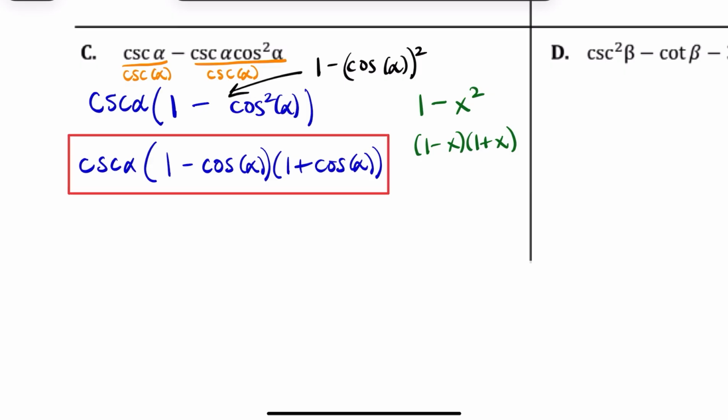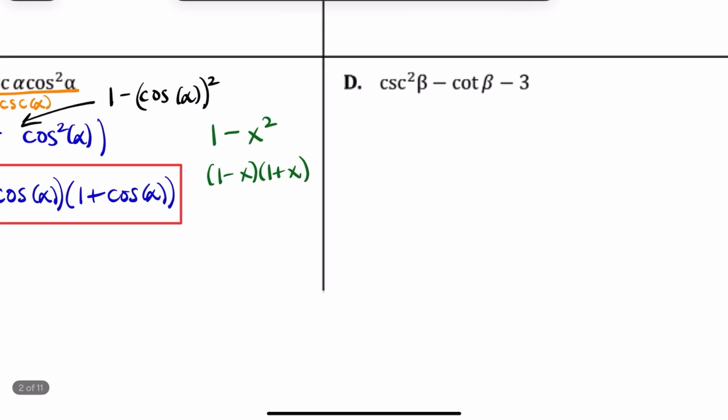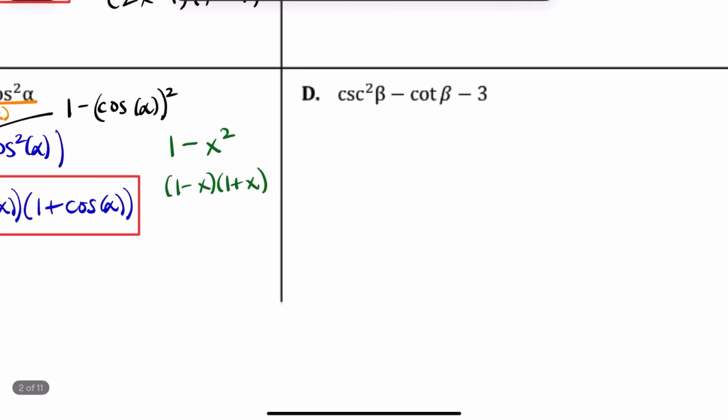All right, now for D. Here I have three terms, and I notice that it's quadratic, but there are two separate trig functions. I have a cosecant squared beta and a cotangent beta. So I need to write this expression in terms of one trig function first, and then I'm going to factor.